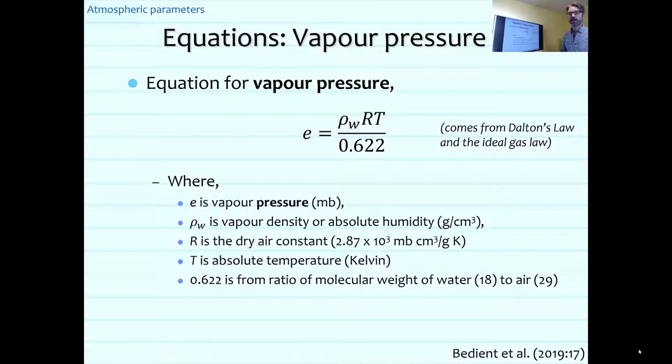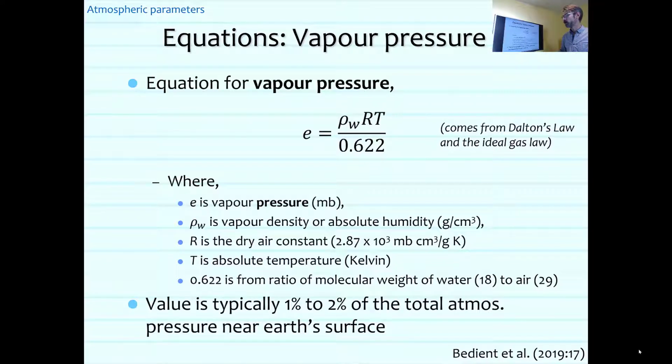R is the dry air constant, which has these strange units, 2.87 times 10 to the 3 millibars centimeter cubed per gram Kelvin. T is the absolute temperature in Kelvin, and 0.622 is from the ratio of the molecular weights of water to air. The value you'll get here is typically between 1 and 2% of the total atmospheric pressure near the Earth's surface.